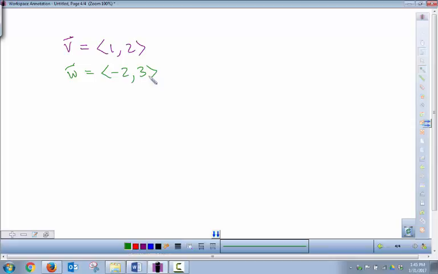And we can extend this to higher dimensions, but we'll just take a look at it in 2 dimensions. So the idea of v plus w is addition, and then we can write down the resulting vectors that we have.